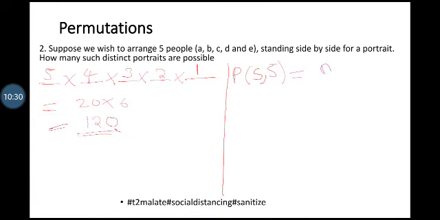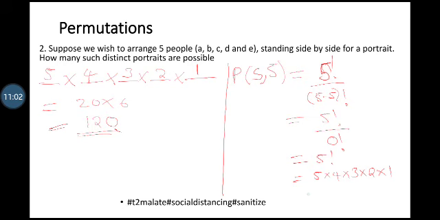It's equal to n factorial, which is 5 factorial, over 5 minus 5 factorial, which is equal to 5 factorial over 0 factorial, and 0 factorial is simply 1. So what we have is 5 factorial in the end, and 5 factorial is 5 times 4 times 3 times 2 times 1, which will give us 120.